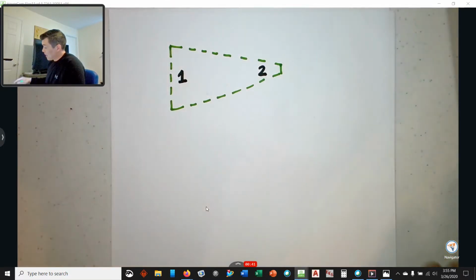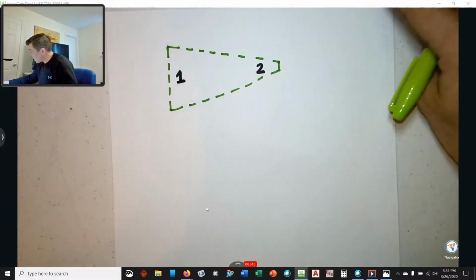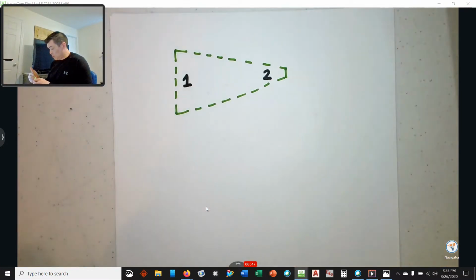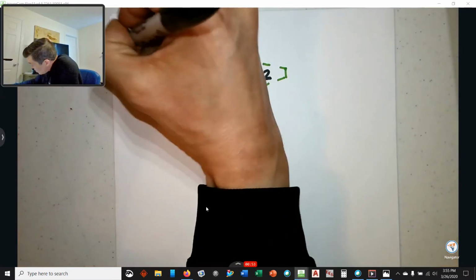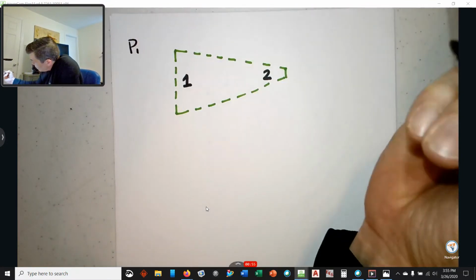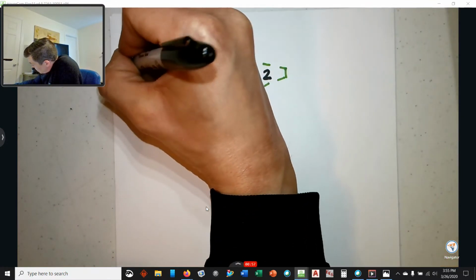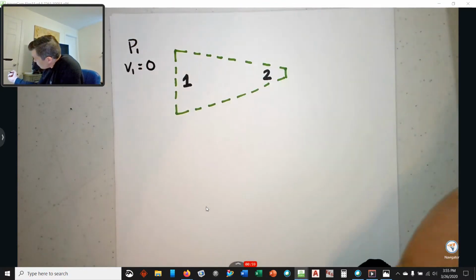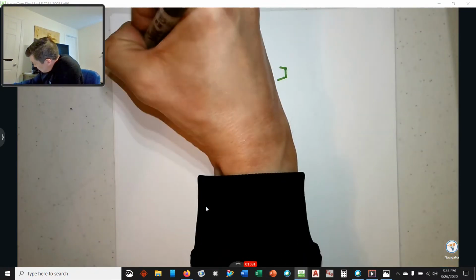And so we have then in the reservoir, we'll call that P1. So we have P1, V1 equals 0, recall. We have T1.